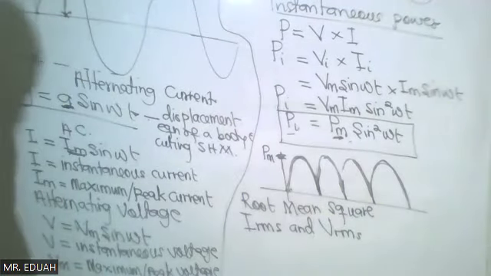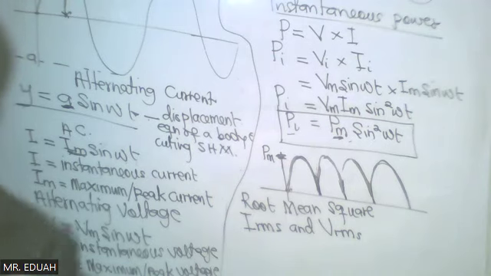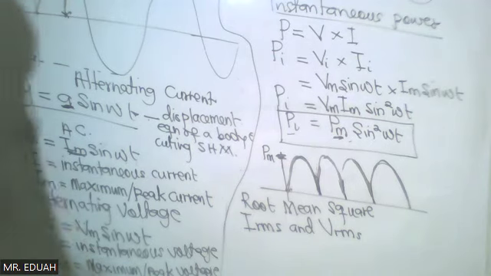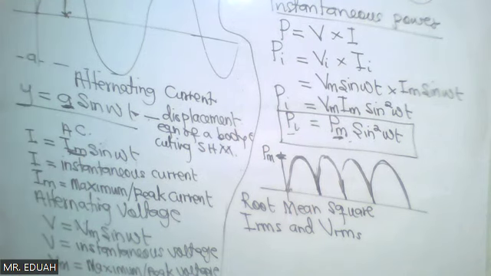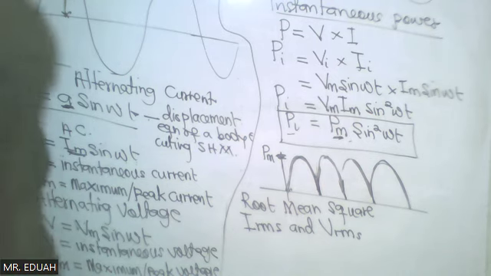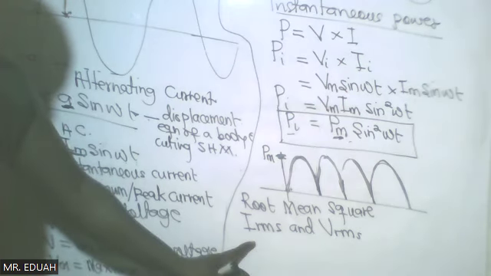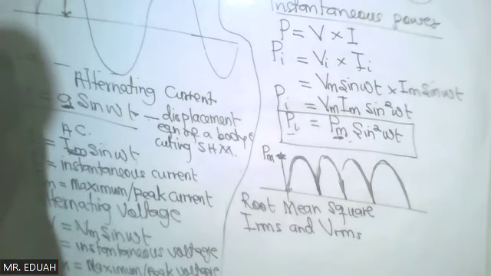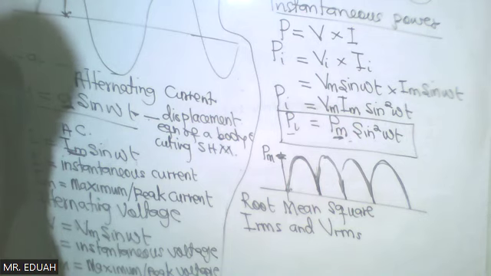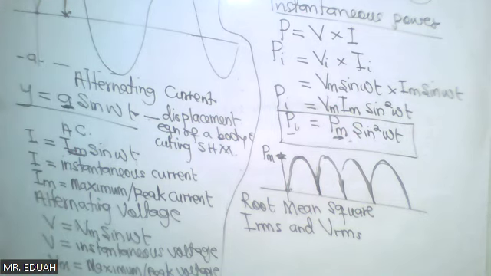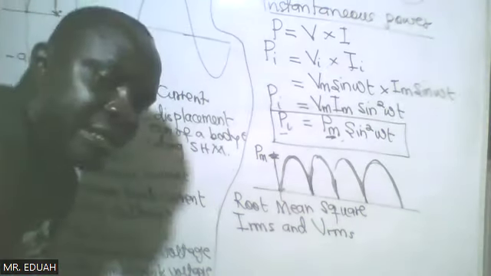When we talk about the root mean square current and voltage, please, we are referring to the effective current or the effective voltage. So please take note that the RMS value of either current or voltage is the effective current or voltage.